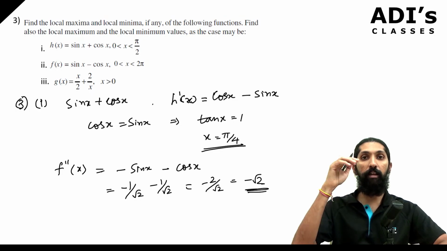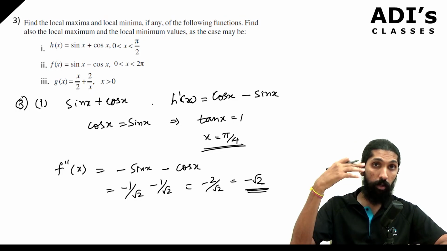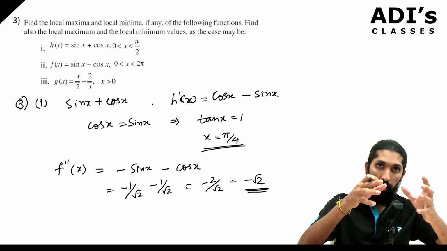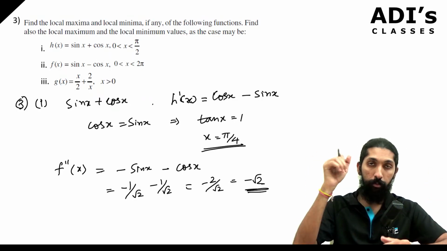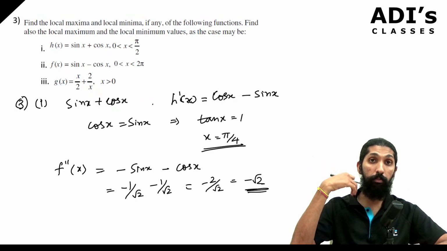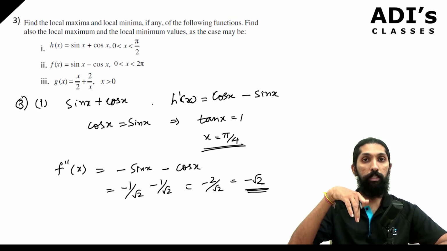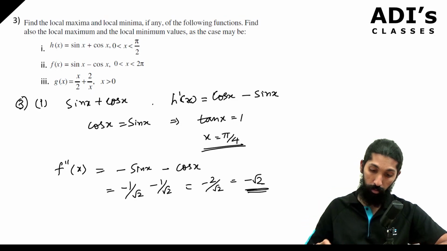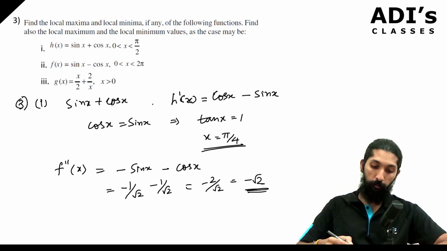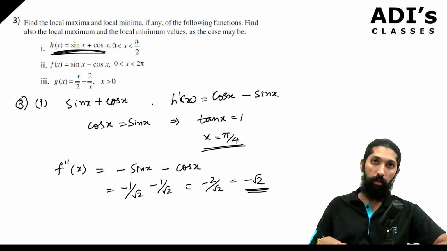So if the second derivative is negative, what do you conclude from that? That it is going to be a maximum value, correct? So it's going to be maxima in this case. To figure out the maximum value, what do you do? You take this pi by 4 and substitute in this h of x function, correct?